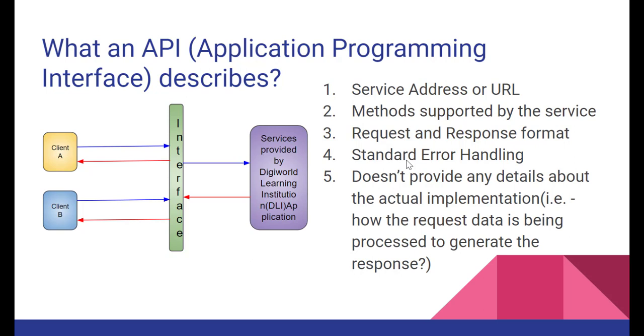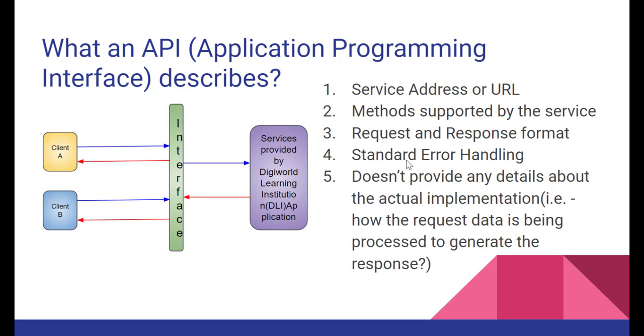What the API doesn't provide, now we need to think about it. See, every service has 2 parts, right? One is the interface, which enables outside access. Another is the implementation. So implementation is basically the steps which are followed to transform the request to the response, right?